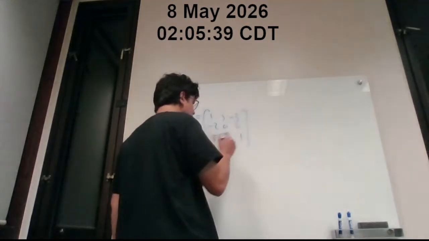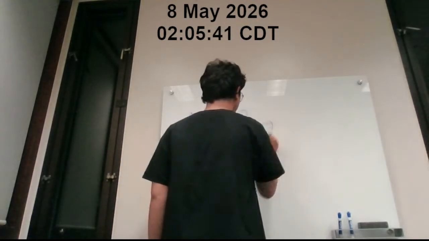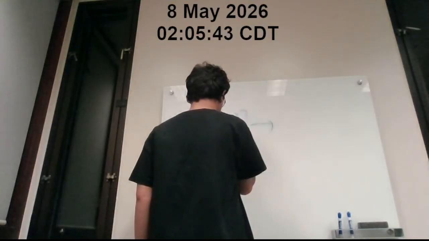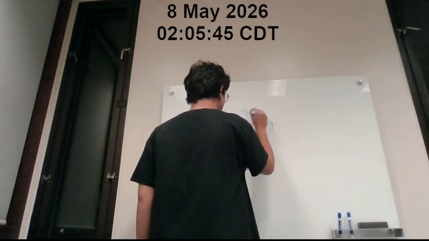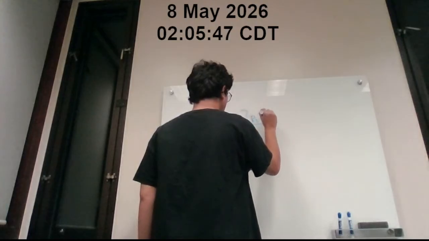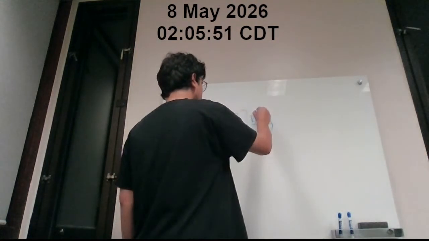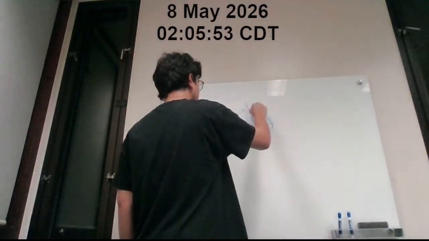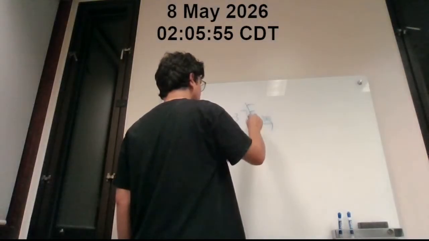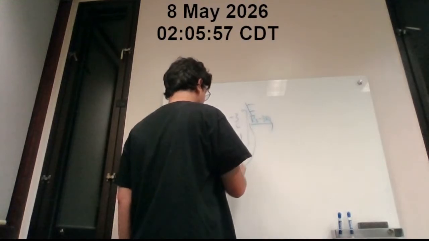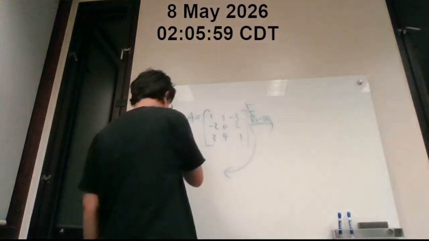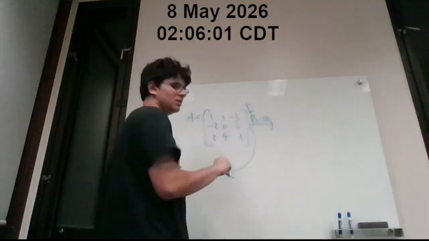The first thing you want to do is R3 minus 3R1. What that gives you is an elementary matrix, and the elementary matrix is this row operation done on the identity matrix.